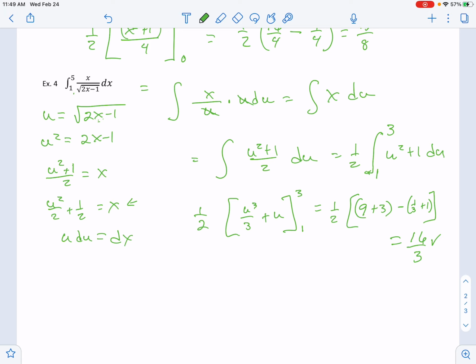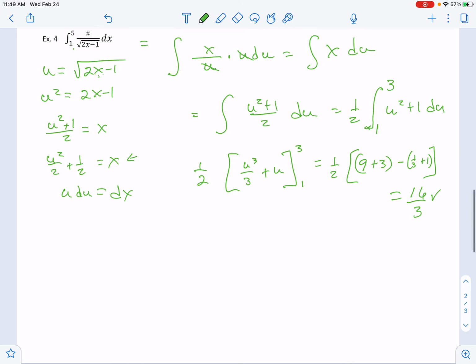Don't you like how fast I am? Trust me. Stop, pause, get your calculator out. Your other option is, once you get here, replace your u with what it was equal to: square root of 2x minus 1 cubed over 3 plus the square root of 2x minus 1, and you're going to evaluate it from 1 to 5.